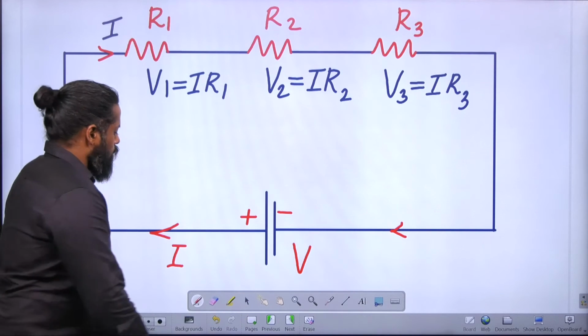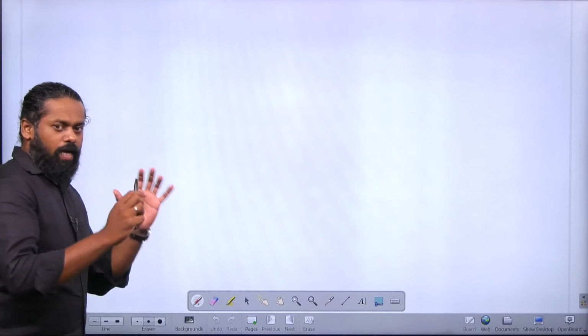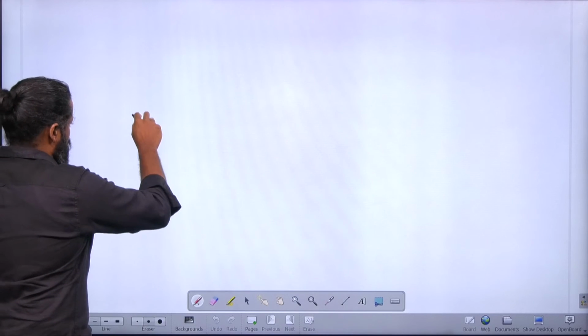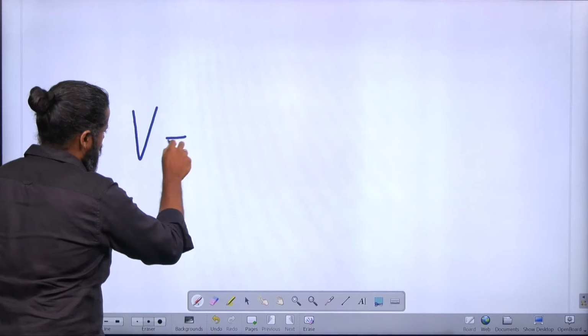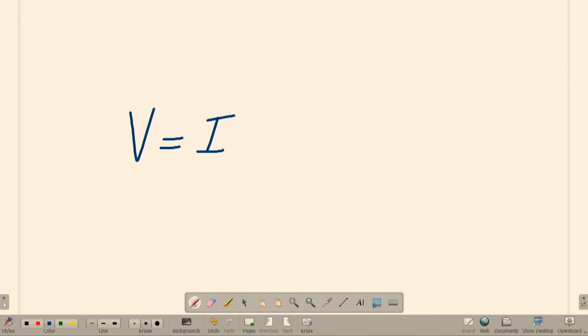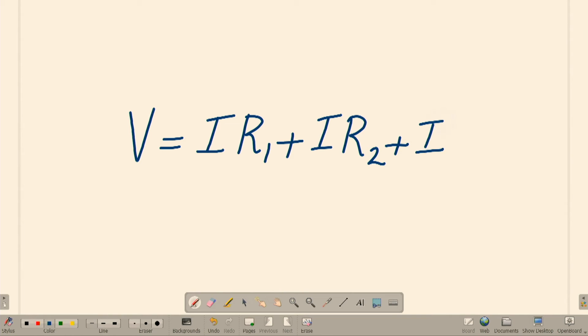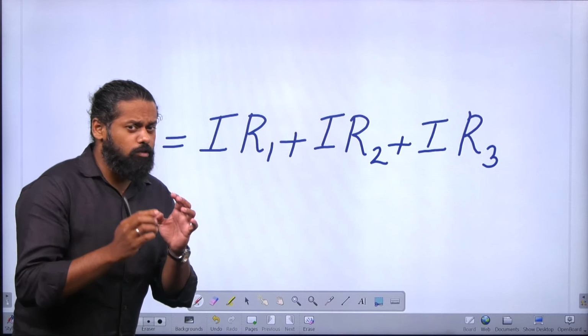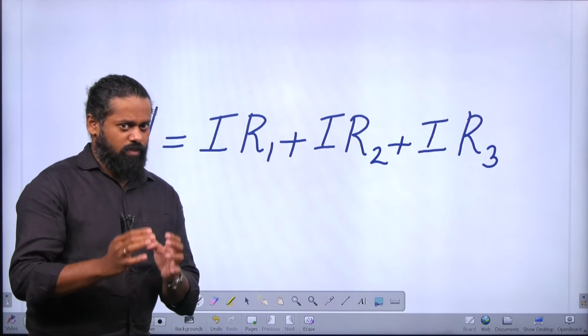Fine. So let us write down the equation. Whatever voltage you are applying in the circuit, V is going to be equal to current multiplied by R1 plus current multiplied by R2 plus current multiplied by R3. Now assume that you are trying to find out the effective resistance.